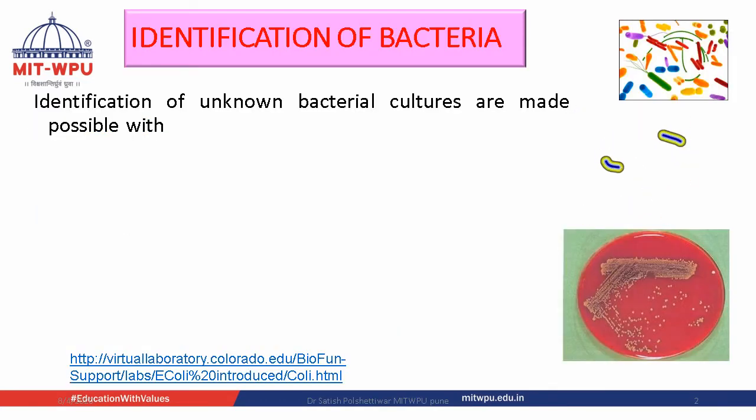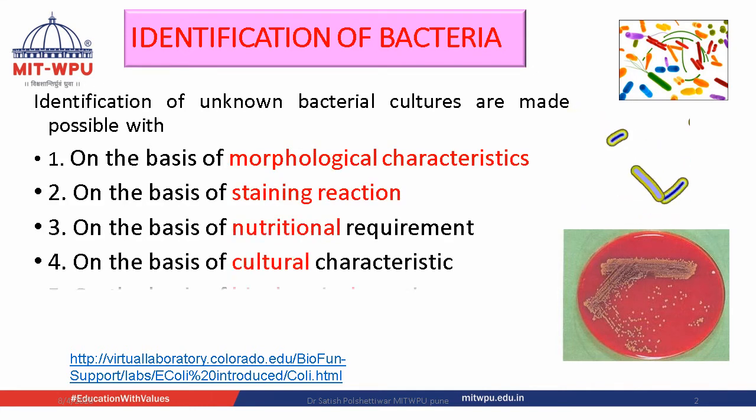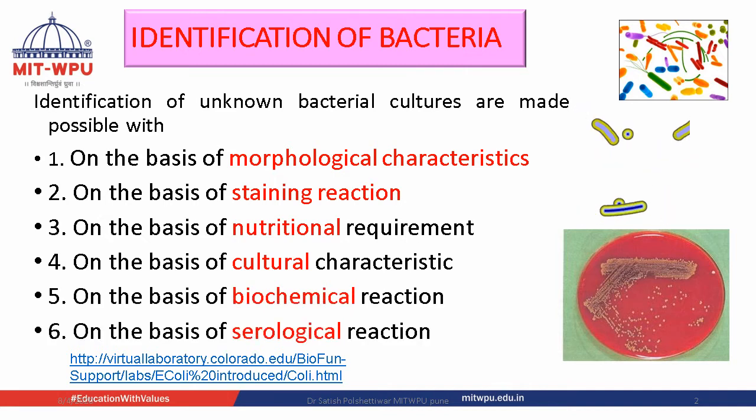You all know identification of unknown bacterial cultures is made possible with various techniques. One technique is on the basis of morphological characteristics, where we can observe morphological structures, maybe in the arrangement form: cocci, bacilli, staphylococci, streptococci. On the basis of staining reactions, we know Gram staining, acid-fast staining, endospore staining.